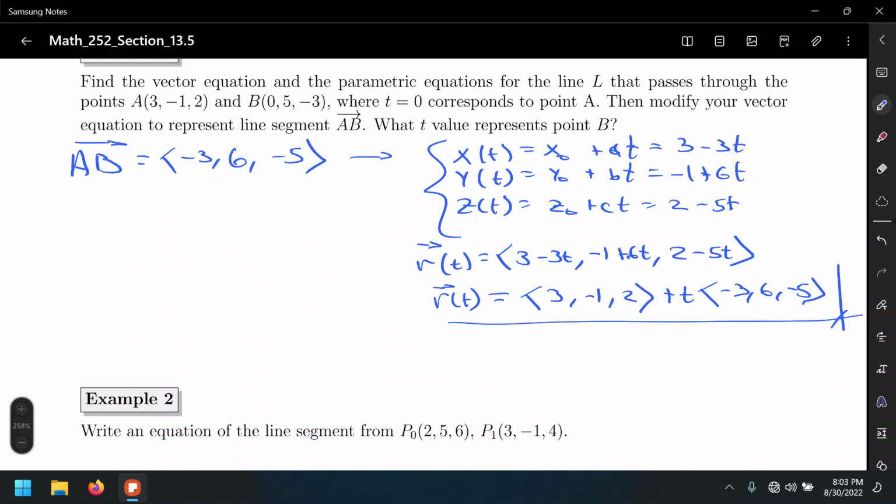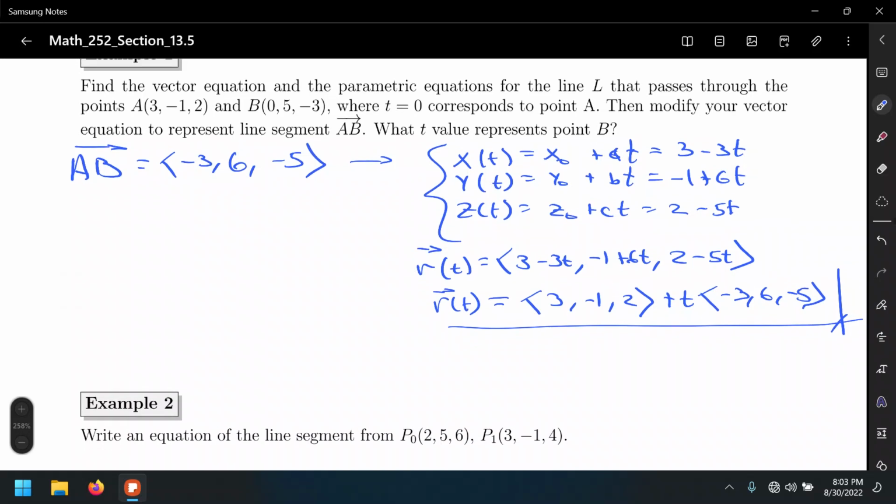A segment it's actually only a portion of a line, in this case A and B. Now, how do we modify this equation? So R of t, so I'm going to rewrite the equation actually. I'm going to write the first version.